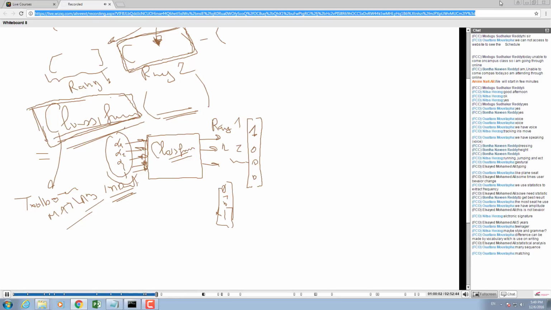Okay? So once again, classification is very important. Because you will see in a biometric scheme, very often at the end, to take a decision, you need to use a classifier.